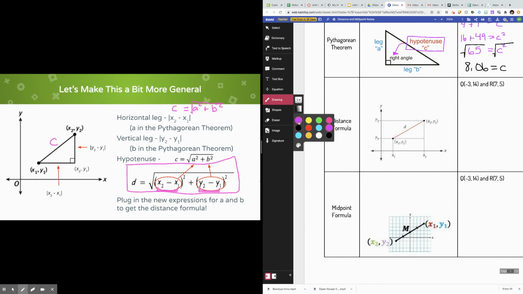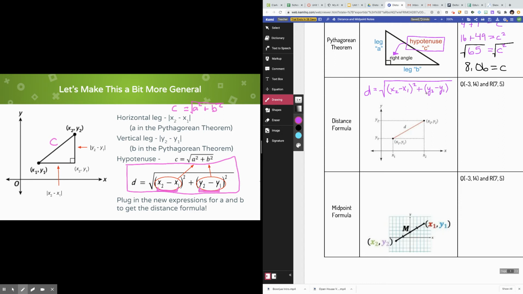Now, here's the thing. While I'm talking about this, I'm going to write the actual formula on your notes side. If you're looking at this and you're like, Miss E, this is a crazy long formula, you're right. It is kind of complicated and long. But the actual problems you do with the distance formula are not super complicated because they're going to give you the two points that you need.